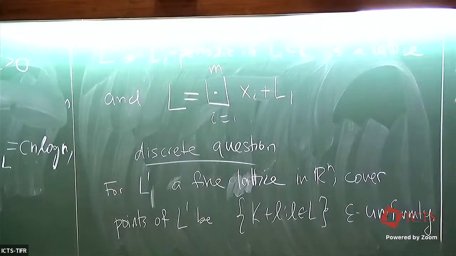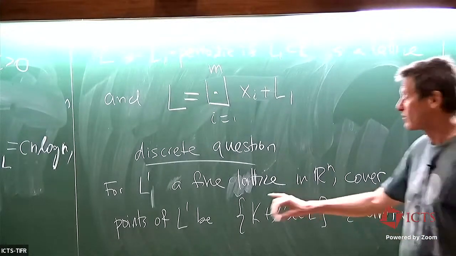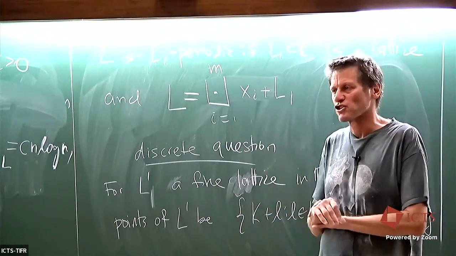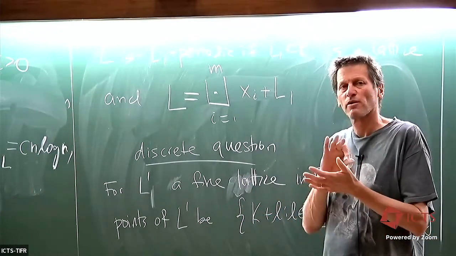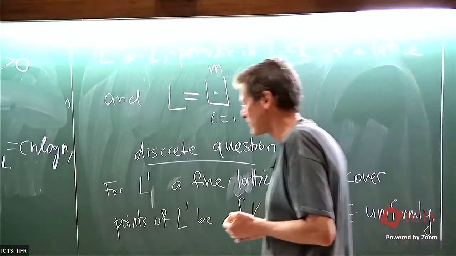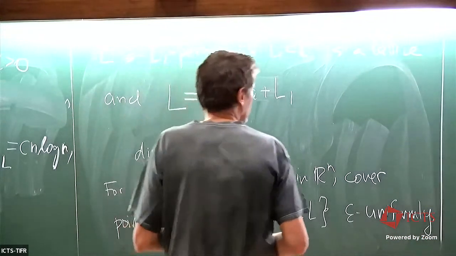So instead of covering all of Rn, we make some analysis which says that we can reduce it to another problem of not covering all of space, but just covering a fine mesh of points which are points on a lattice, and they're not too far away from each other. And that's the first step. I was going to do it more formally, but I'm running out of time.